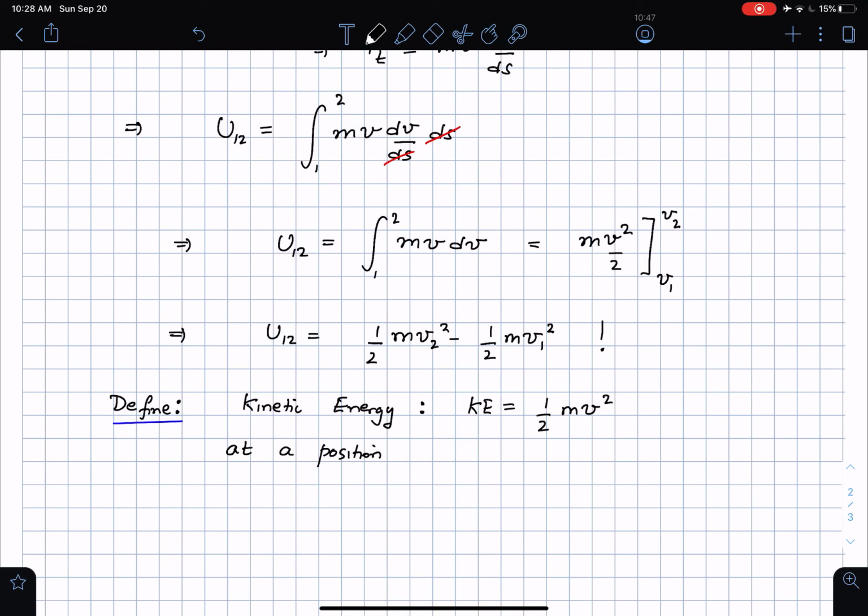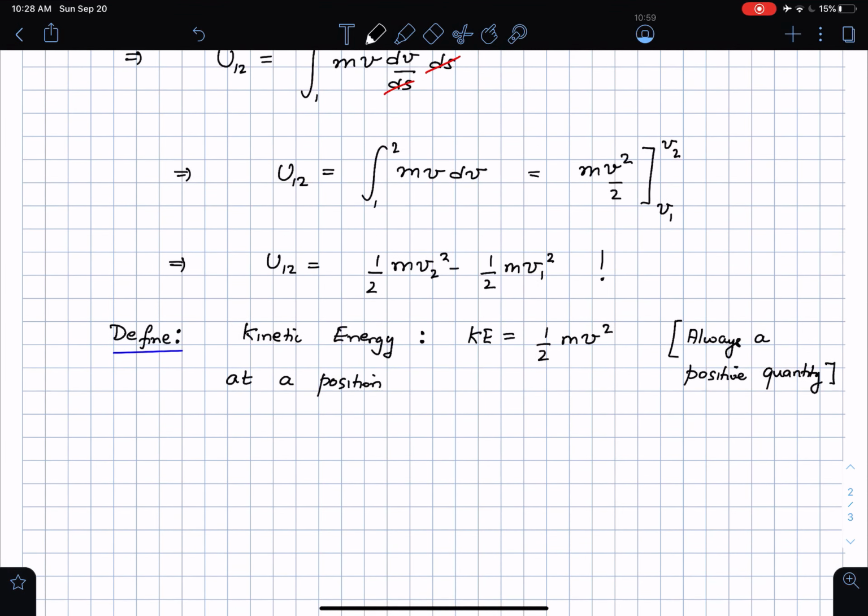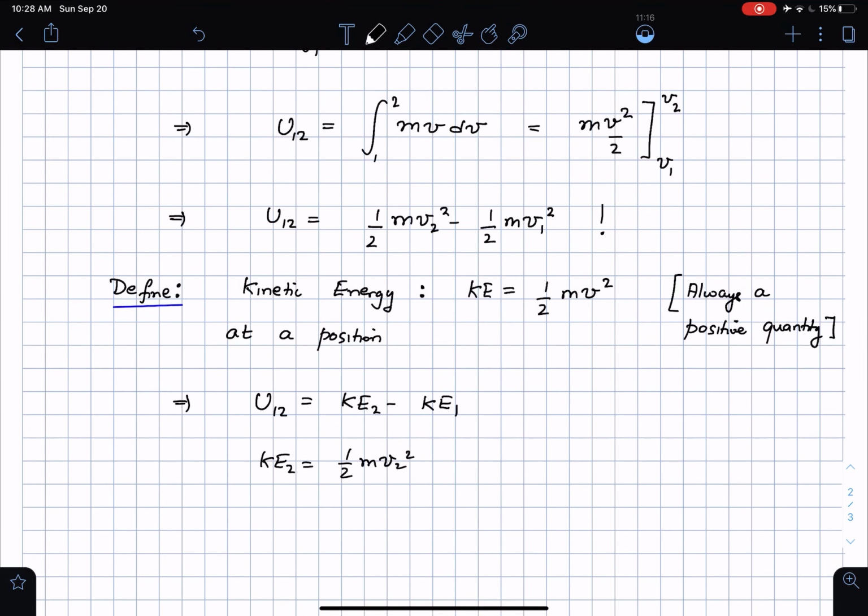Kinetic energy is always a positive quantity. That's something you can see very easily from here, which essentially tells me that U12 is going to be KE2 minus KE1, where KE2 is half m v2 squared, KE meaning kinetic energy, and KE1 is half m v1 squared.